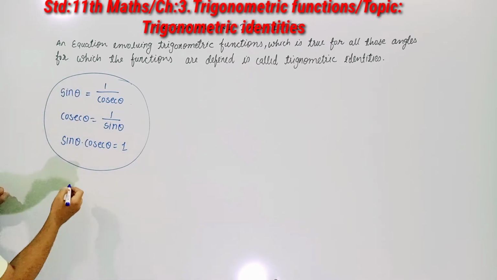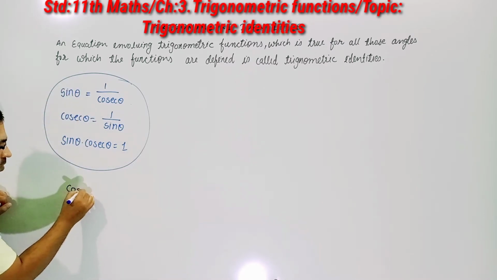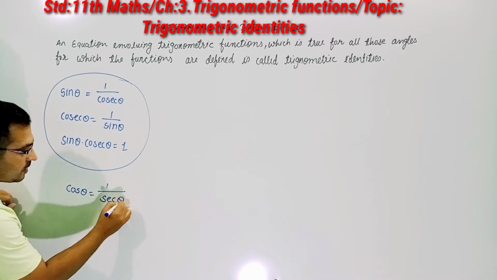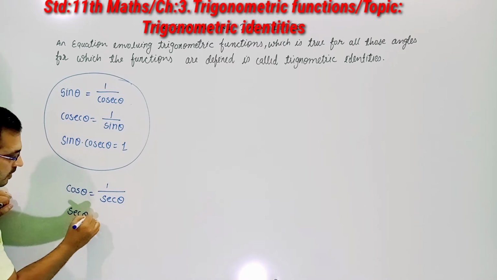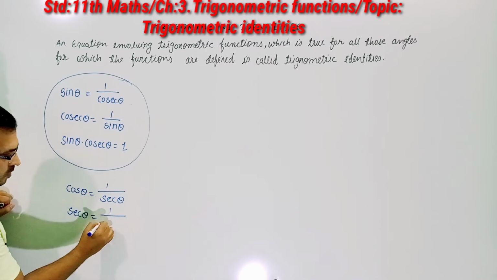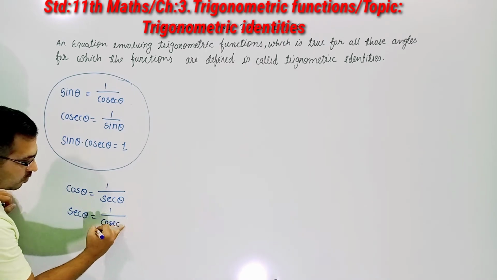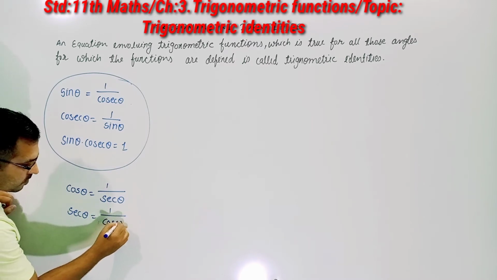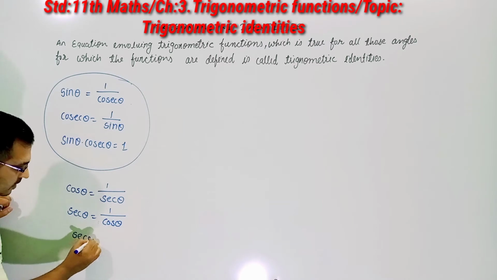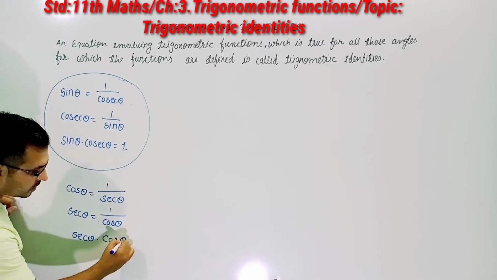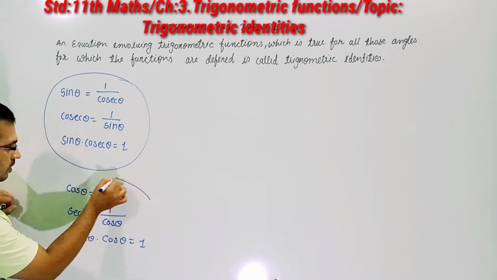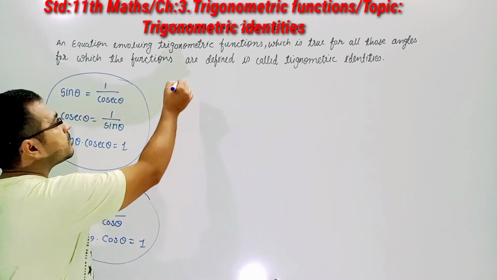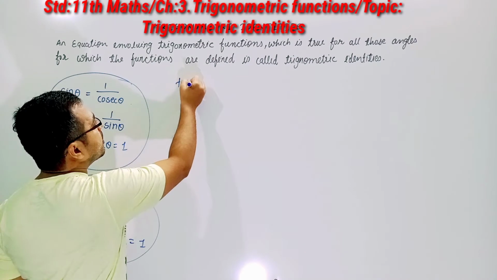Now the next is cos theta. Cos theta is equal to 1 upon sec theta. So sec theta can be written as 1 upon cos theta, right? So sec theta into cos theta is 1. Next is tan theta.